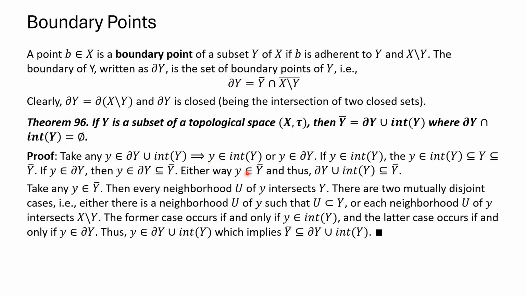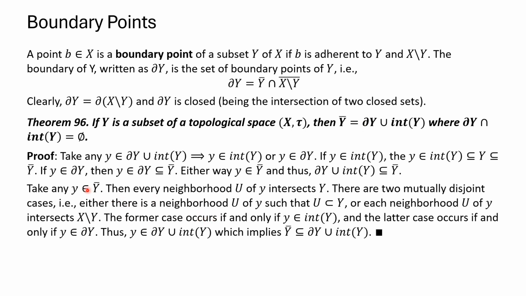So either way, little y is an element of the closure of Y. That shows that the union of the boundary and the interior of Y is a subset of the closure of Y. So we've shown one way. Now we need to show that taking little y, an element of the closure of Y, is in this union.